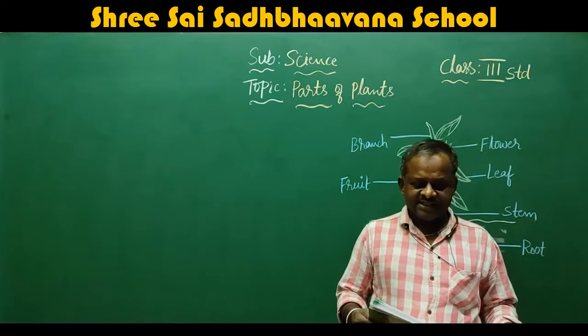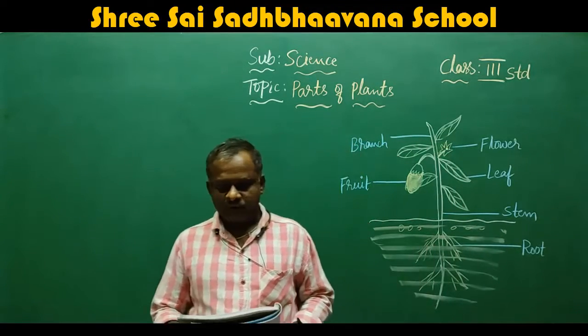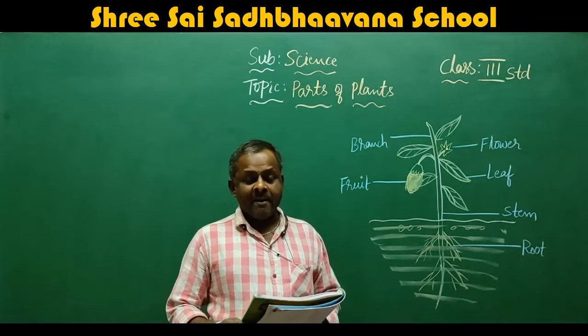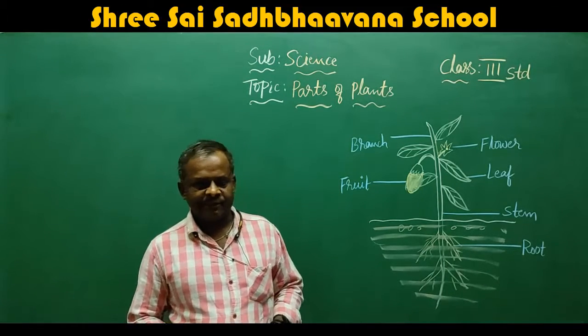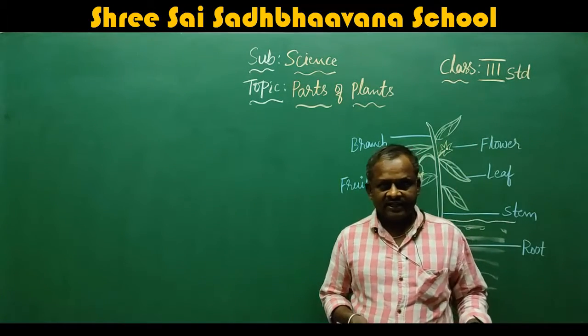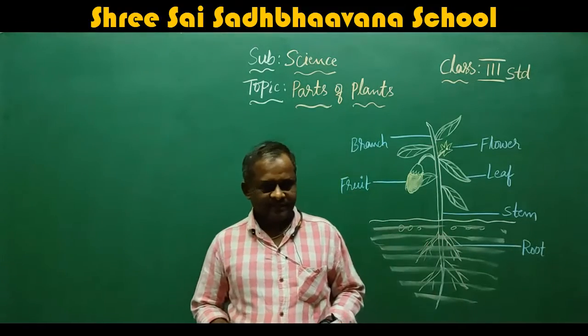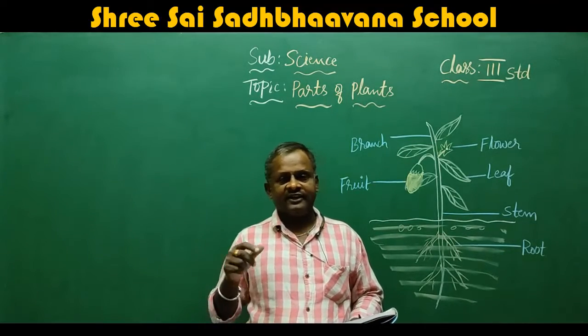So here in this chapter, that is chapter number 3, we are going to study the parts of a plant, because on the earth, along with us, plants are also present and very important for us.